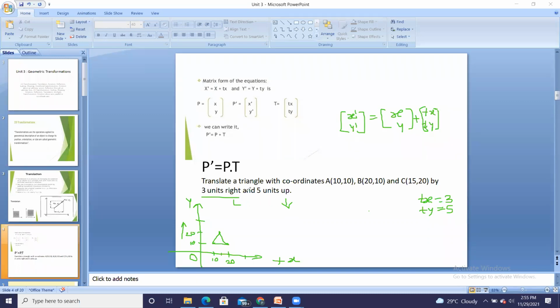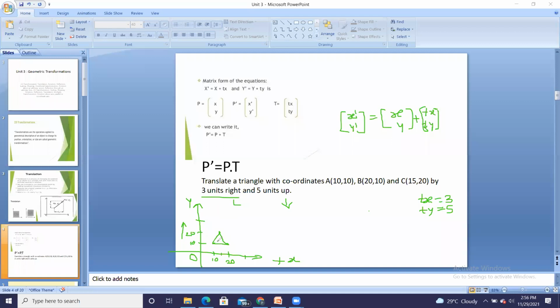Here, I have given the question as 3 units right and 5 units up, and that's why your Tx and Ty are 3 and 5 respectively. But if I want to move this triangle 3 units towards left and 5 units down, it is -3, -5. Yes.